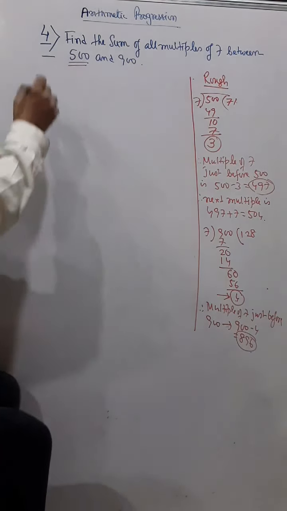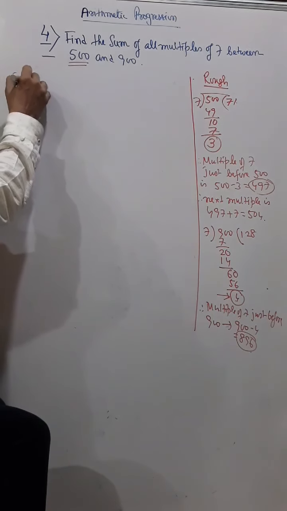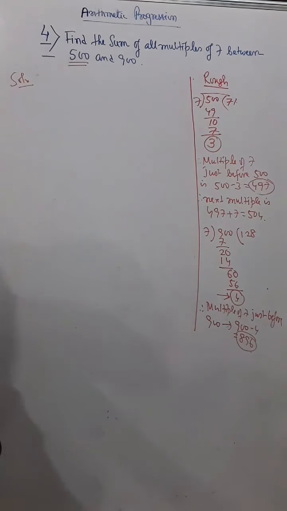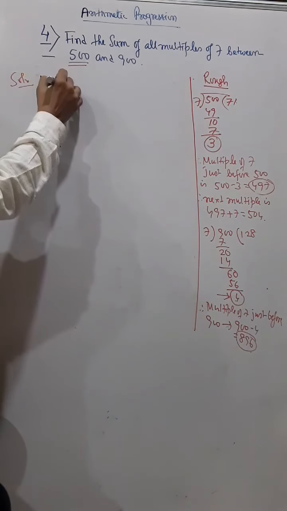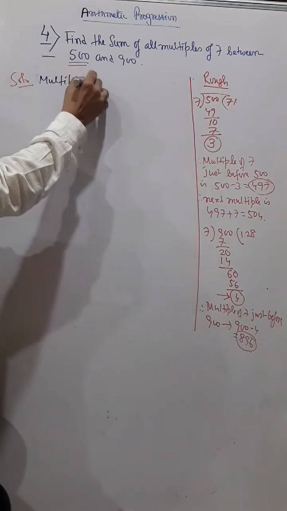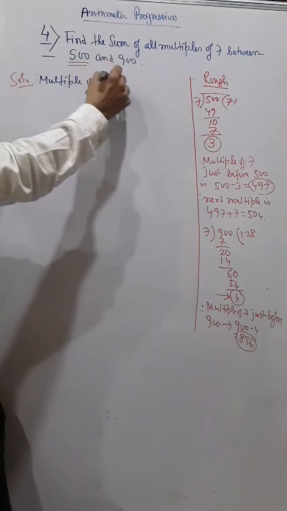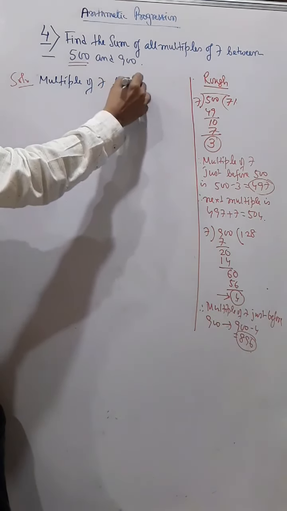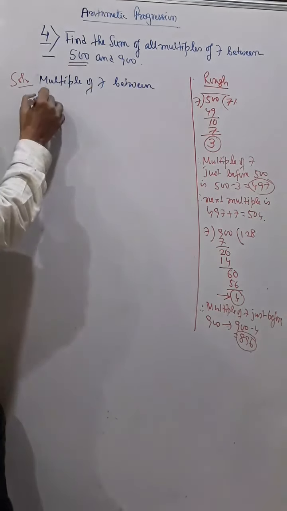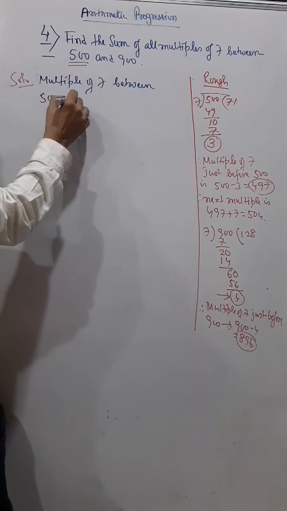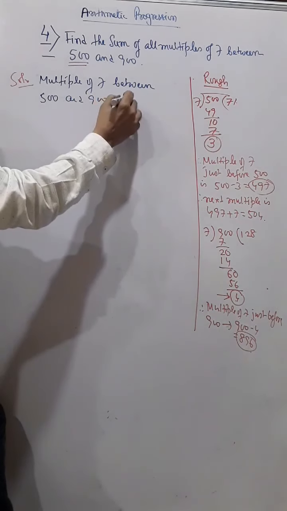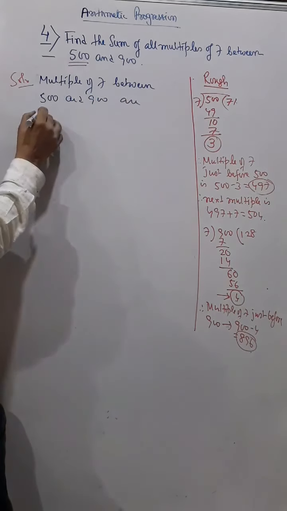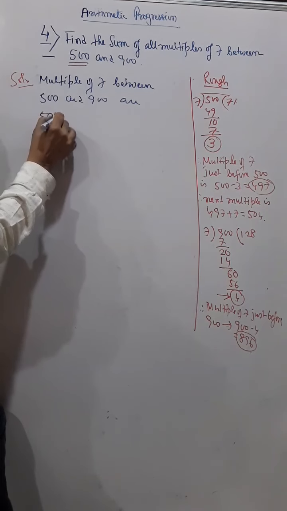So understand, therefore we can now say that the multiples of 7 between 500 and 900 are, the first number as we have seen, 504.